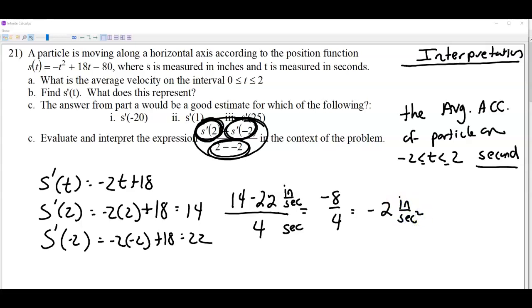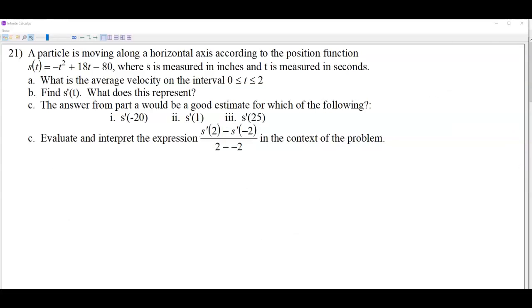Okay, so we could put back up here in our interpretation, negative 2 inches per second squared is the average acceleration of the particle on the interval from negative 2 to 2 seconds. All right, let's move on to number 22.